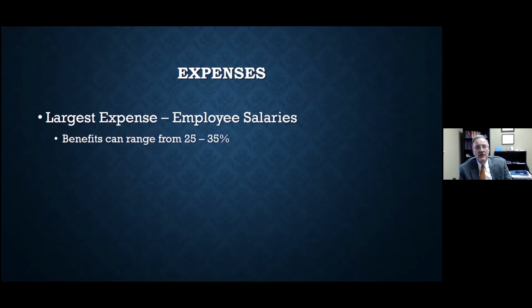In fact, our benefits are quite envious from other employers. So the institution's cost to provide those benefits can easily range from 25 to 35% of the total salary budget. So it is a significant cost to the community colleges and something we have to focus in on very closely when we set our budgets for the upcoming year.